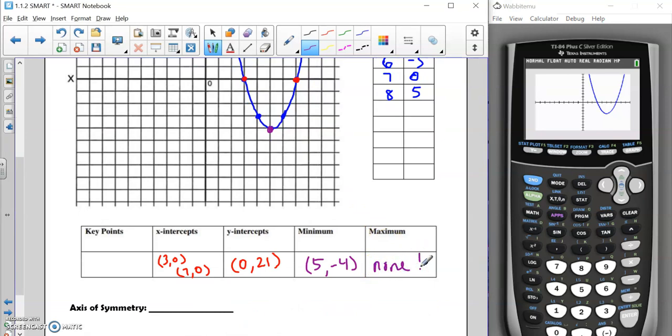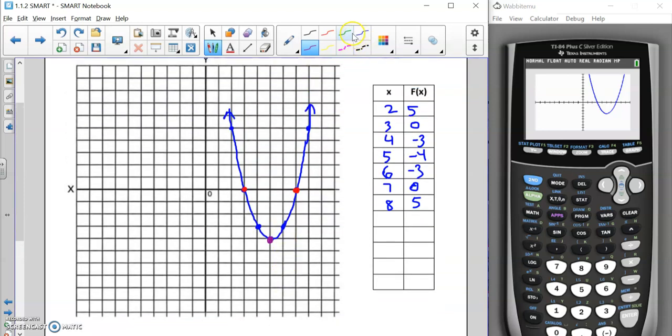Okay, and so this parabola actually does have an axis of symmetry, and axis of symmetry is exactly what it sounds like. It's the line that represents the symmetry on our graph. So basically it's the line that cuts our graph into two perfect halves. And we can tell pretty easily that that's this line right over here.